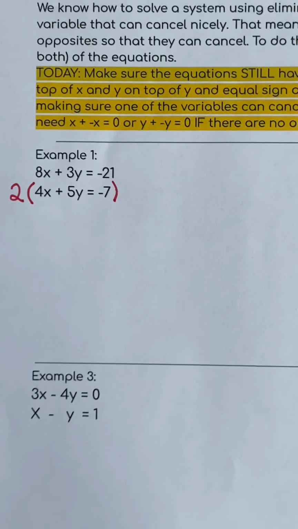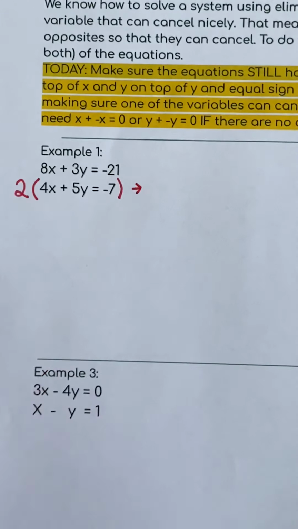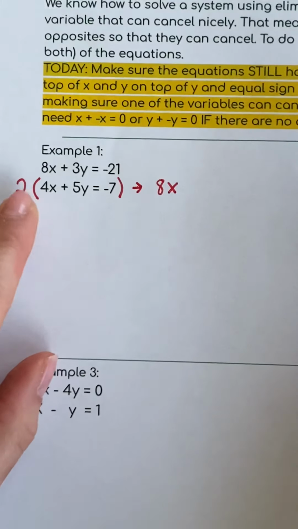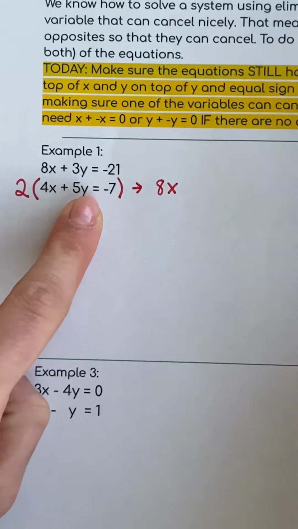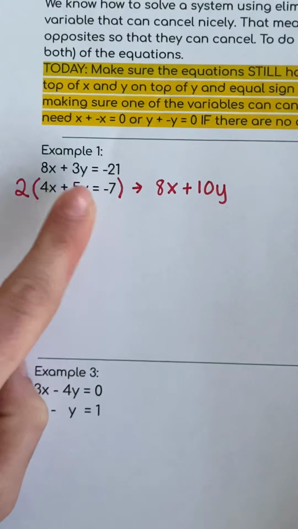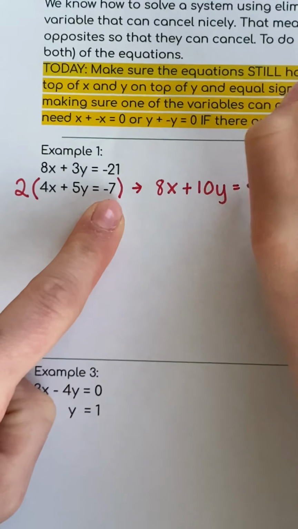So what I'm going to do is multiply everything by 2, and rewrite the whole equation. So this equation will become, and I put it in parentheses because we're going to do the distributive property, 2 times 4x is 8x. 2 times 5y is plus 10y. 2 times -7 is a -14.